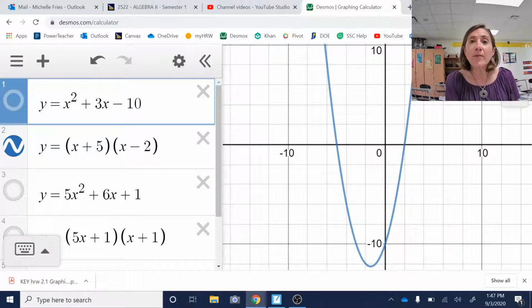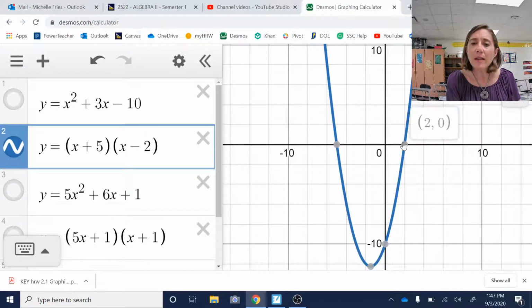Now, does that help you see anything about the roots? So what was this root over here on the right again? What was that one? That dot? 2? Look at this, x minus 2. Interesting. That 2 is one of the roots, one of the solutions. Now the other root over here, this -5, it's kind of connected to this x plus 5, isn't it?